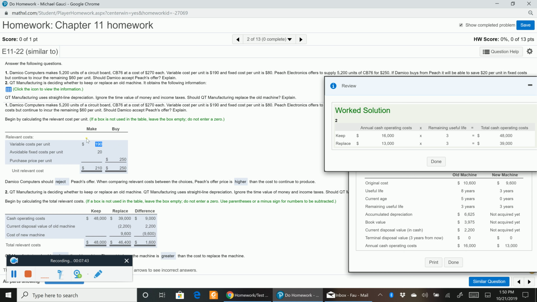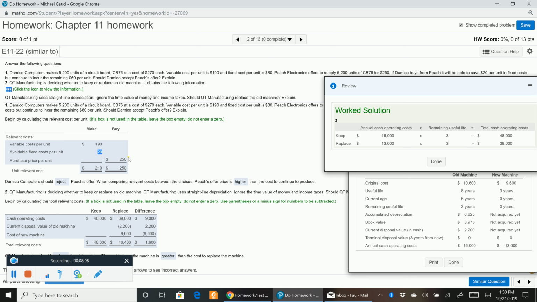Now, how about the fixed costs if I make it internally? Do you remember it said up here, if we buy it from Peach, we'll be able to save $20 per unit in fixed costs. So the only difference, instead of putting all the fixed costs under the make column, I'm only putting the 20. Because the 20 is going to be the difference between the two.